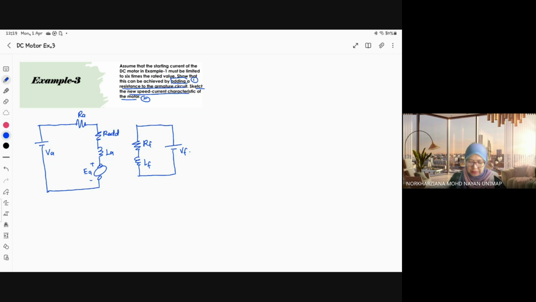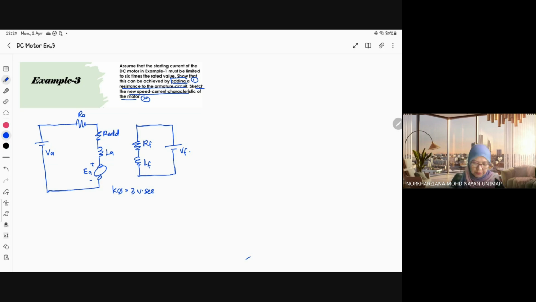Okay, next, what should we do is the parameters. Example 1, masih sama. So you still have your kV equals 3 volt second. kV ni what? Your motor constant.